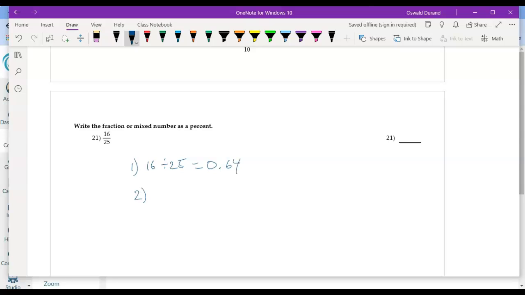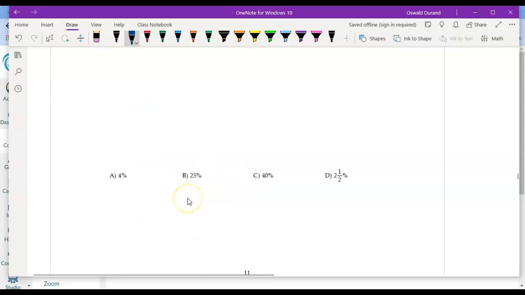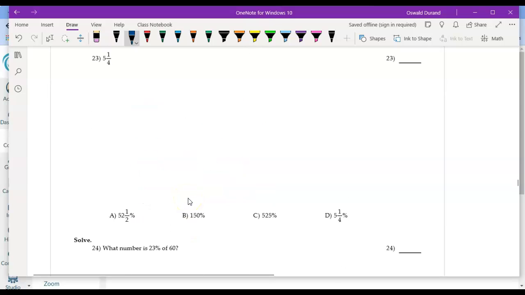Then, second step is to multiply this number, whether it's a decimal number or a whole number, by 100, and you get 64, right? And then third part will be to add that percentage sign.